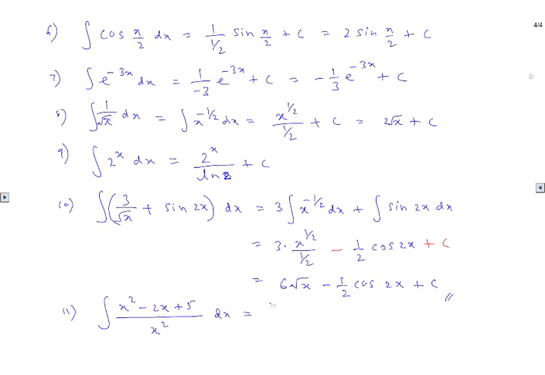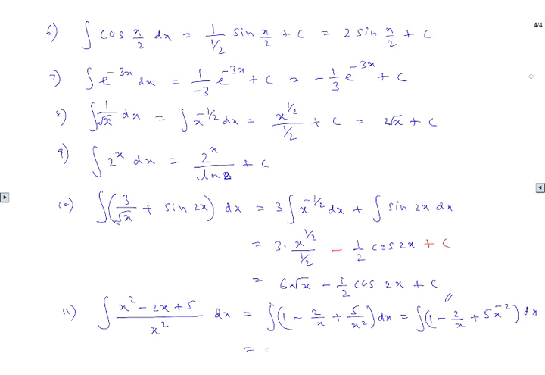If you divide by x squared, you get 1 minus 2 over x, and then 5 over x squared. So first divide, and then you can write them as powers. The first one is 1, the next one we already know, the second one you can write as 5x to the negative 2.